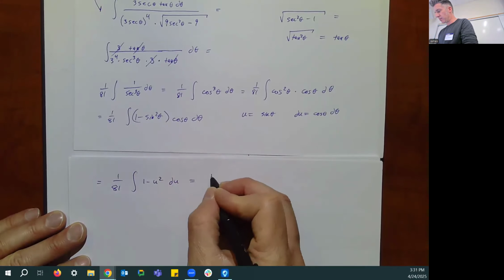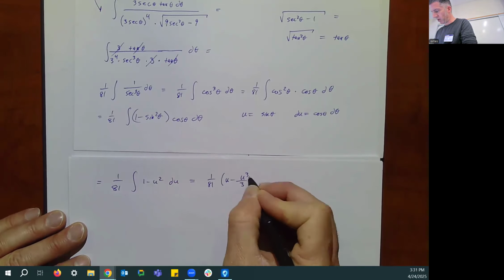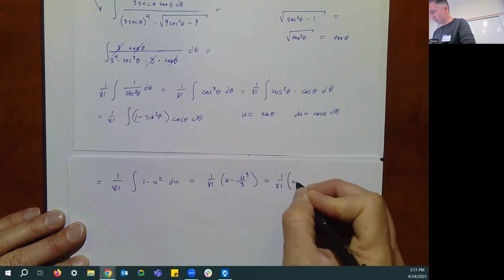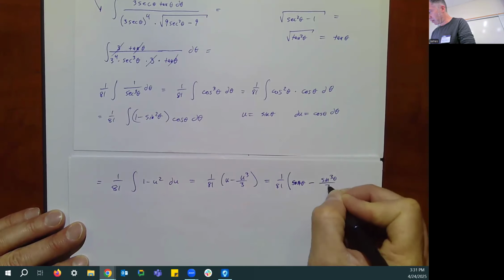We integrate. We get u minus u cubed over 3, which then becomes sine of theta minus sine cubed theta over 3.